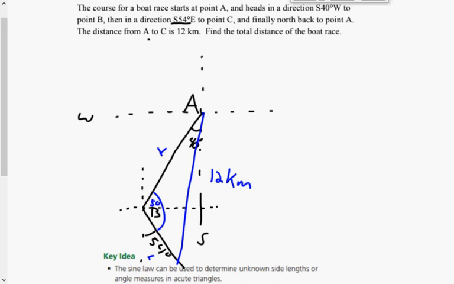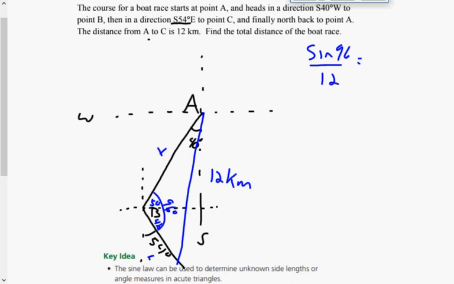And if I know this is 54, that means this has to be 46. So this total piece here is 96 degrees. So this is what I got so far. I know sine 96 over 12 is going to work for sine law.